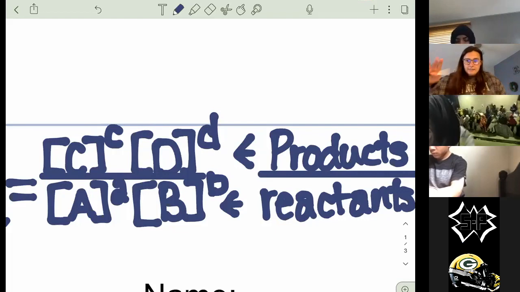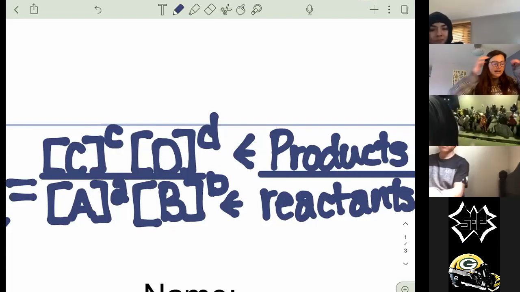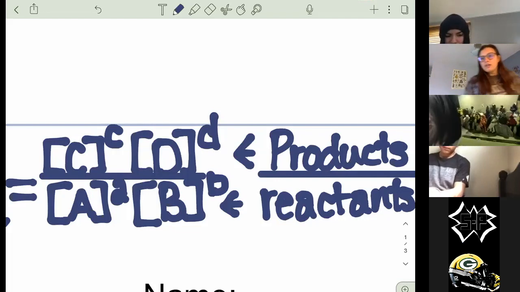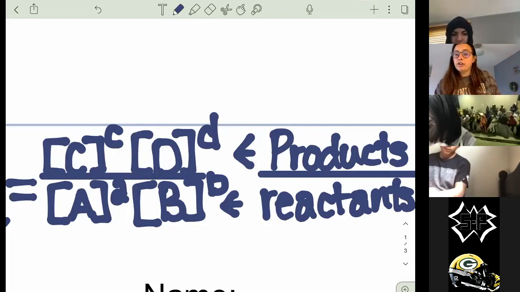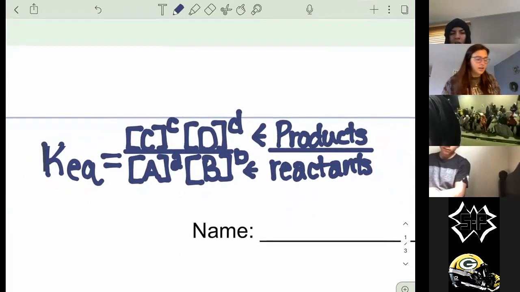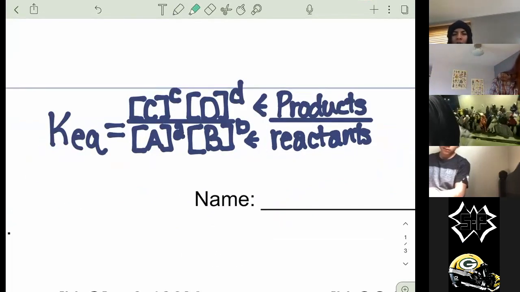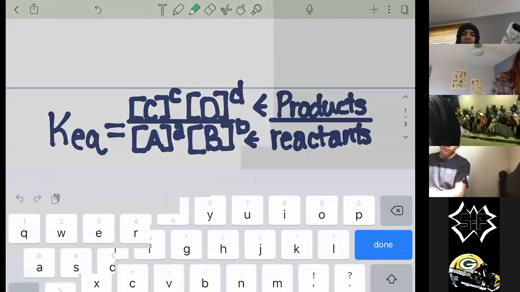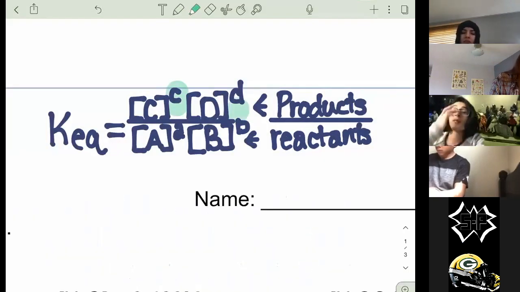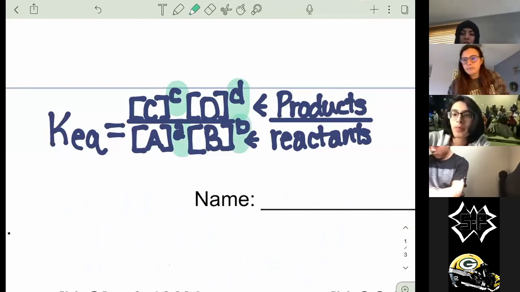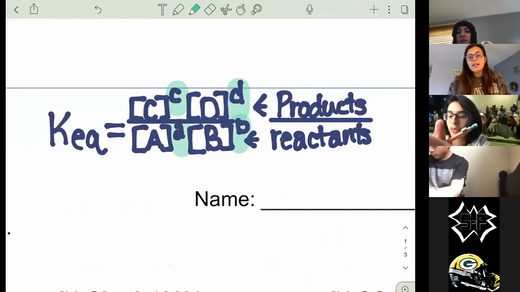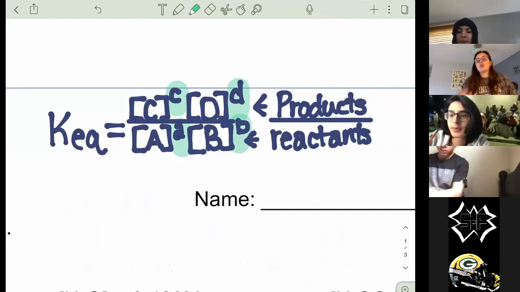Remember, if anything doesn't make sense, please just pop into the chat and let me know. To find the power that you'll put your concentration to, it's just the coefficient from the balanced equation for that substance.